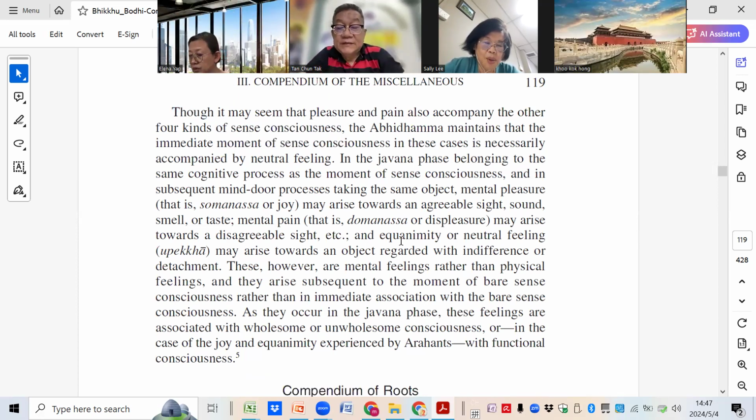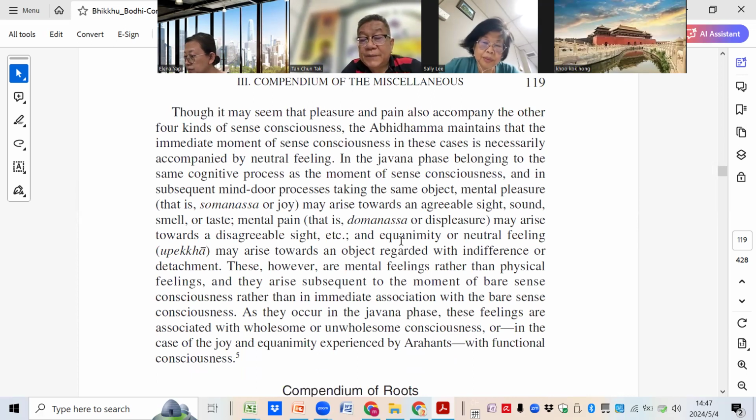It may seem that pleasure and pain also accompany the other four kinds of sense consciousness. The Abhidhamma maintains that the immediate moment of sense consciousness in these cases is necessarily accompanied by neutral feeling.